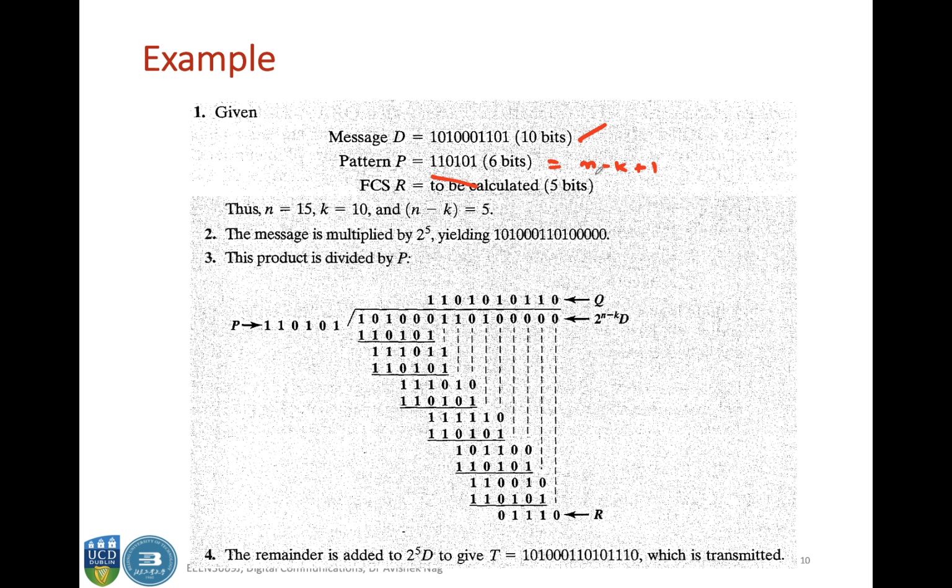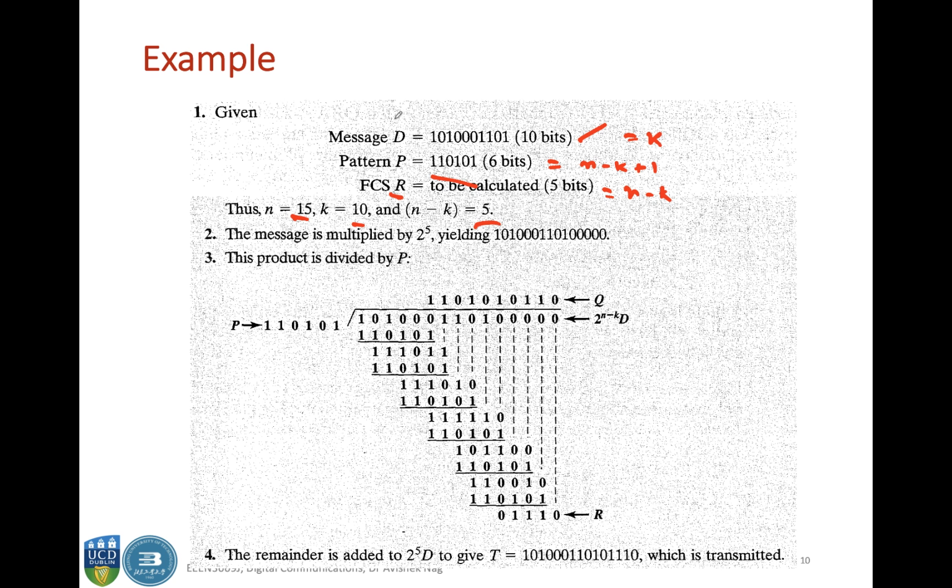So this is your k, and FCS or the R is to be calculated. So this is 5 bits, which is basically n minus k bits. So therefore your n is 15, your k is 10, and n minus k is 5.